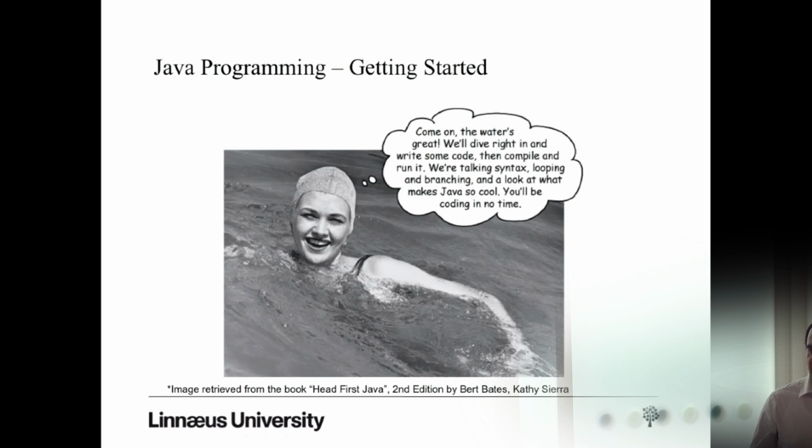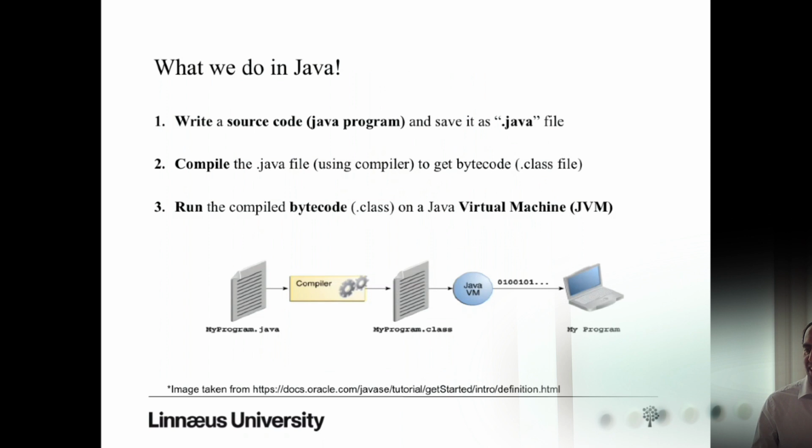So yes, we are ready to swim in the world of Java. What we do in Java, we can summarize in 3 steps. We write the code, and when we are done writing, we save it in some file. Then we need to translate that code, because Java, just like other programming languages, is a high-level programming language.